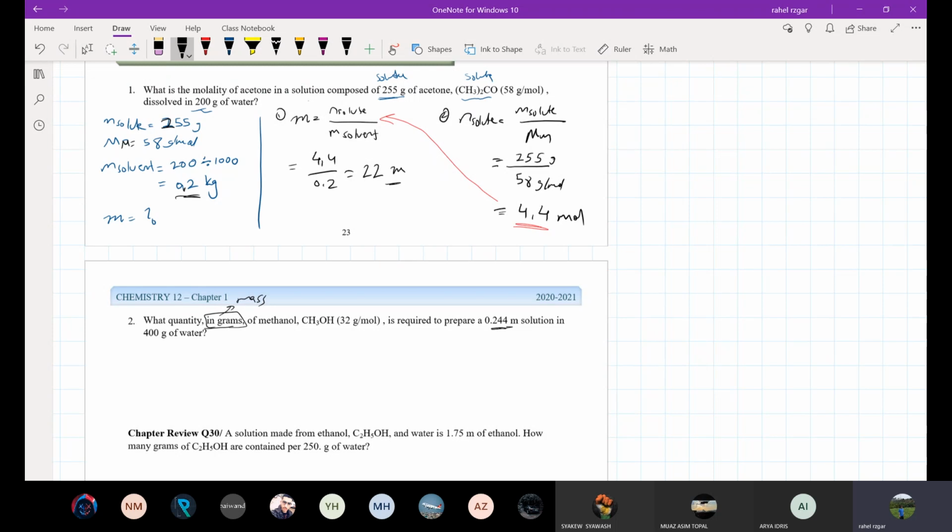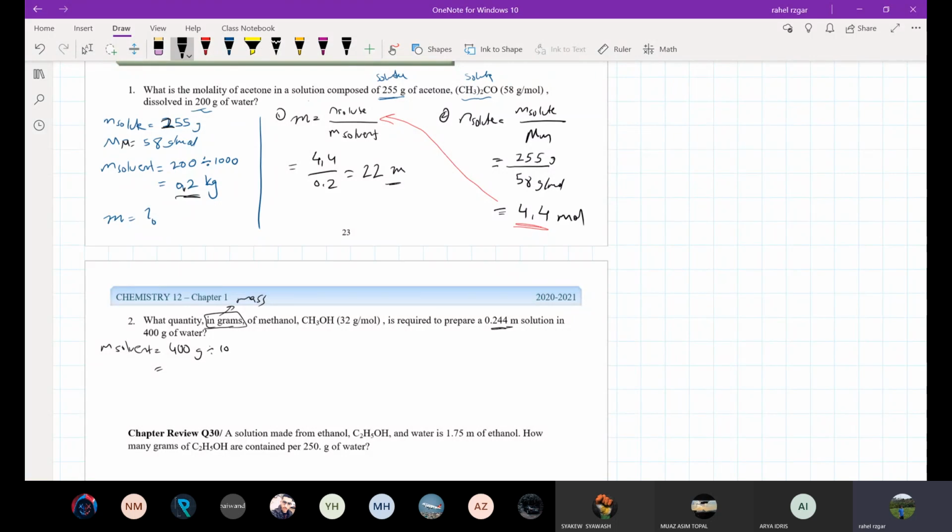Now let's look at the givens. Mass of solute is required. Mass of solvent is given: 400 grams. Since it's the mass of solvent, it must be in kilograms.